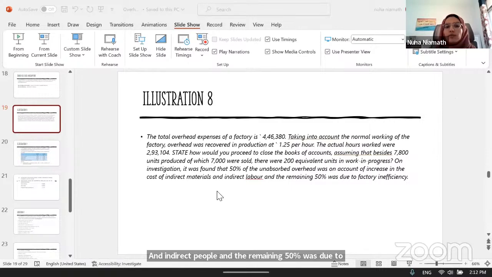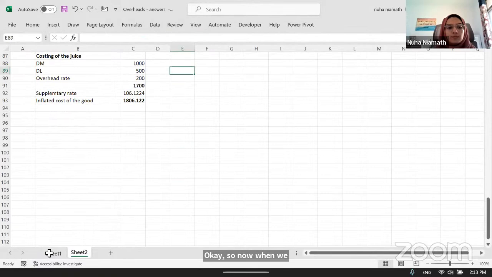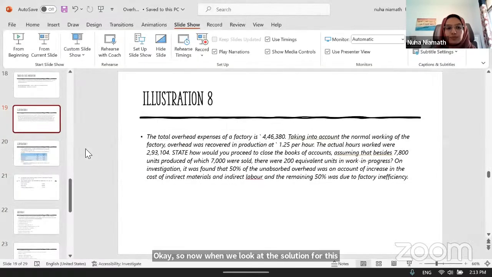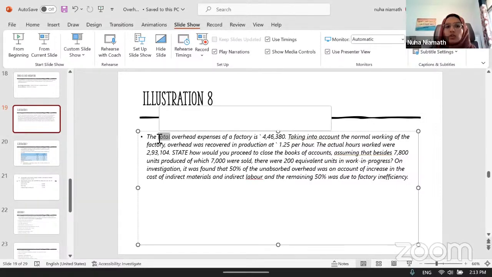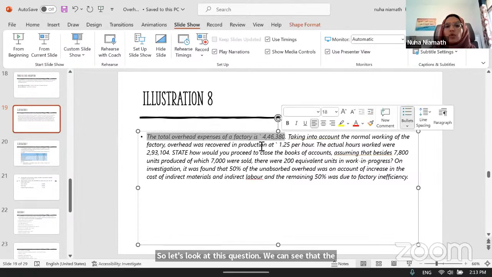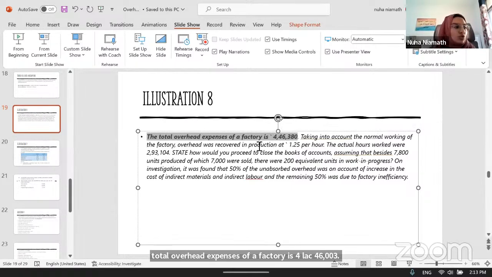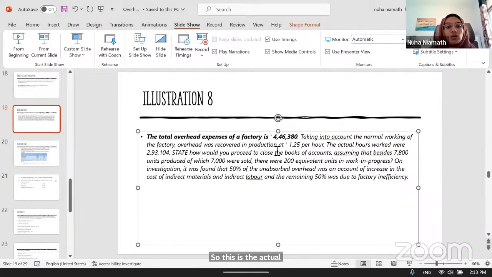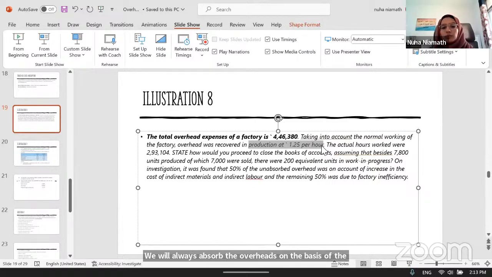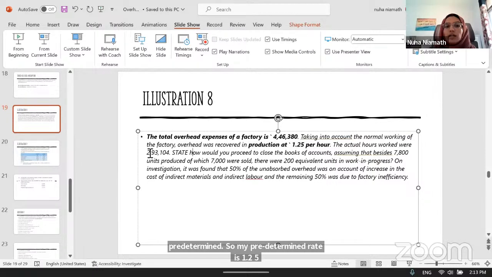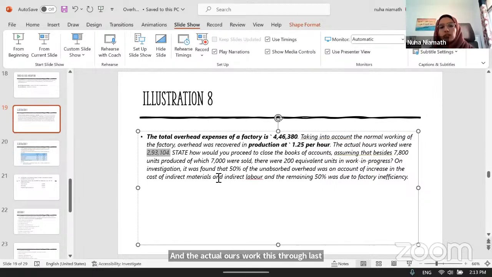Okay, so now when we look at the solution for this, let's look at this question. We can see that the total overhead expenses of a factory is 4,46,380. So this is the actual factory overhead. But we will always absorb the overheads on the basis of the predetermined rate. So my predetermined rate is 1.25 rupees per hour, and the actual hours worked is 2,93,104.